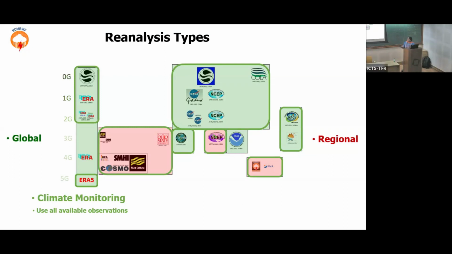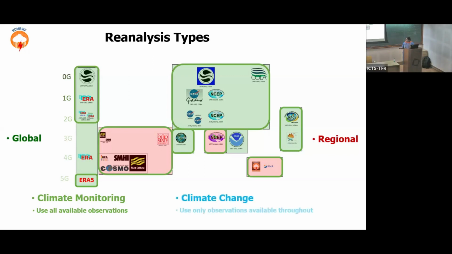For example, in ERA 5 and ERA Interim, and in IMDAA and KMA reanalysis, we used all the available observations. So it's not that we limited to one type or certain type of observation. For climate monitoring type of reanalysis, we can use all the available observation.